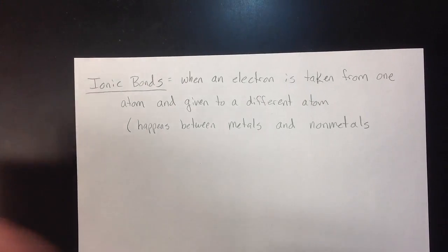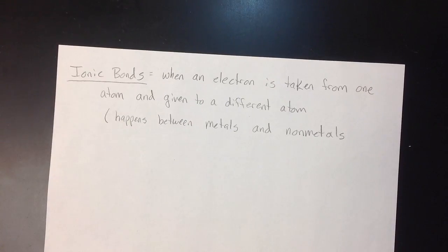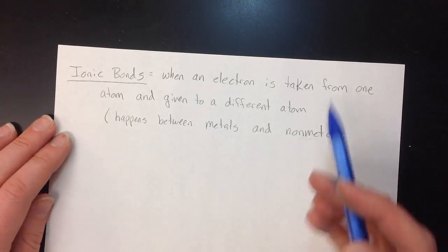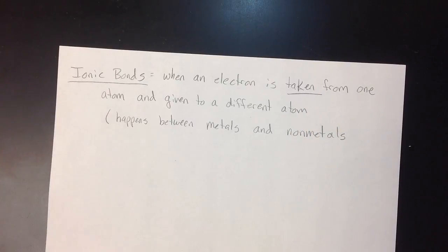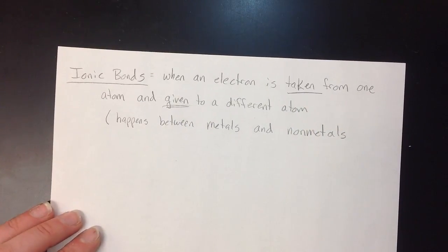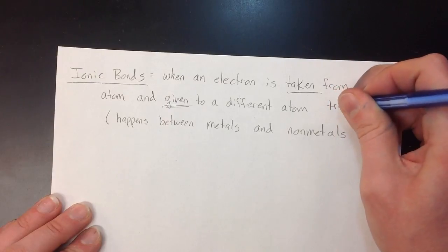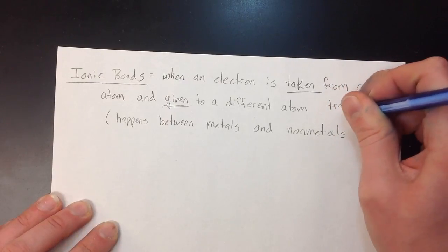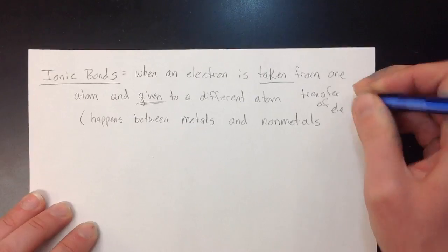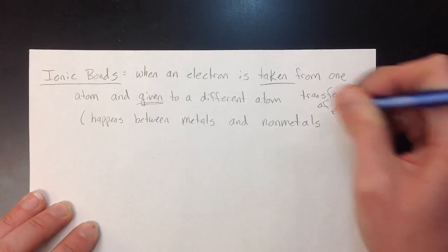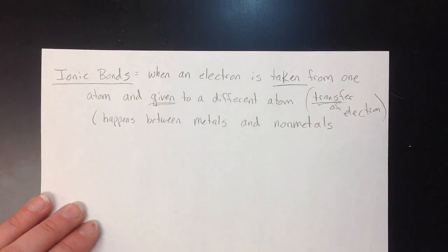Okay, so if we are looking at ionic bonds, this was when we have one electron taken from one atom and given to a different atom. So these are a transfer of electrons. That's the technical term that I use, transfer of electrons. This happens between metals and nonmetals.